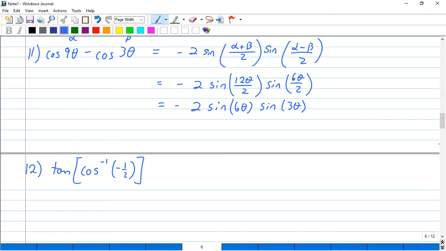You got to know where inverse cosine is defined to work this out. Now, technically, there's two ways to work this out. I'm sure there's more than two ways. There's two ways that we've covered. Since the inverse is on the inside and negative 1/2 is a common value, we could probably work out the inside, then take the tangent of that and get the answer easily.